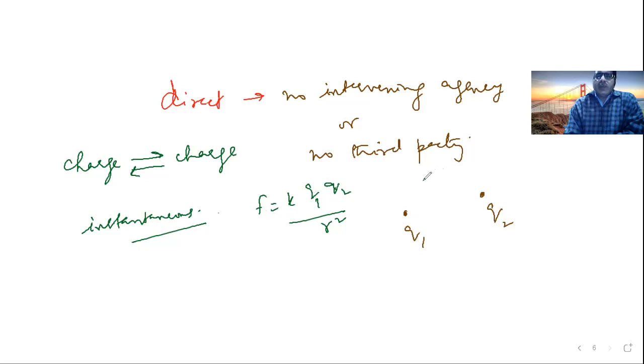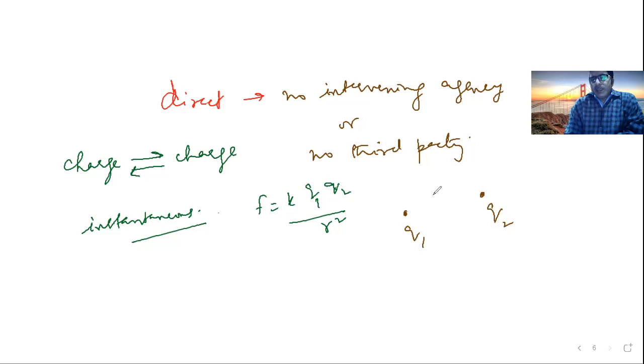That means there is no time delay or time lag between the moment Q1 is moved and the moment Q2 senses its movement. That's the meaning of instantaneous, irrespective of the distance between Q1 and Q2. In other words, the interaction between Q1 and Q2 is transmitted at infinite speed.